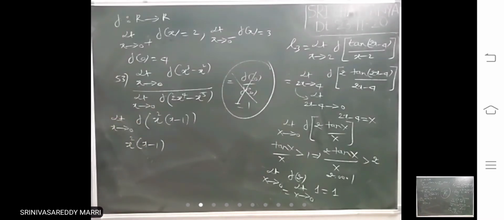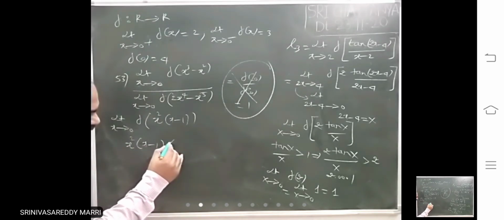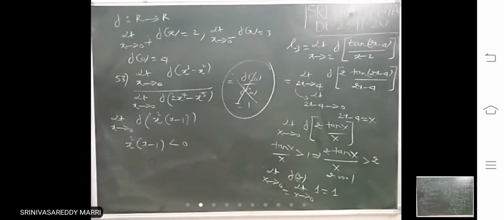If x is just less than 0, minus 0.0001, x square is positive, minus 0.0001 minus 1 is negative. So when x is just greater than 0 or just less than 0, this quantity is always negative.